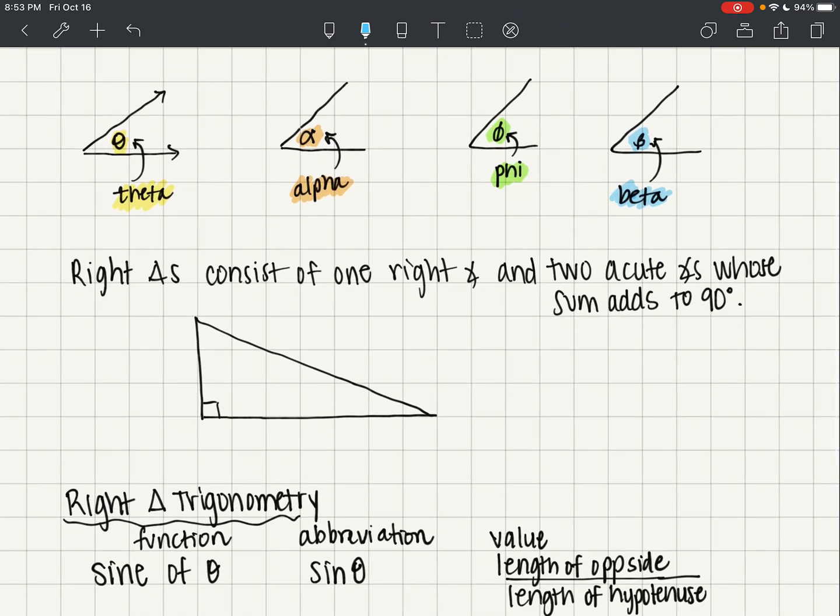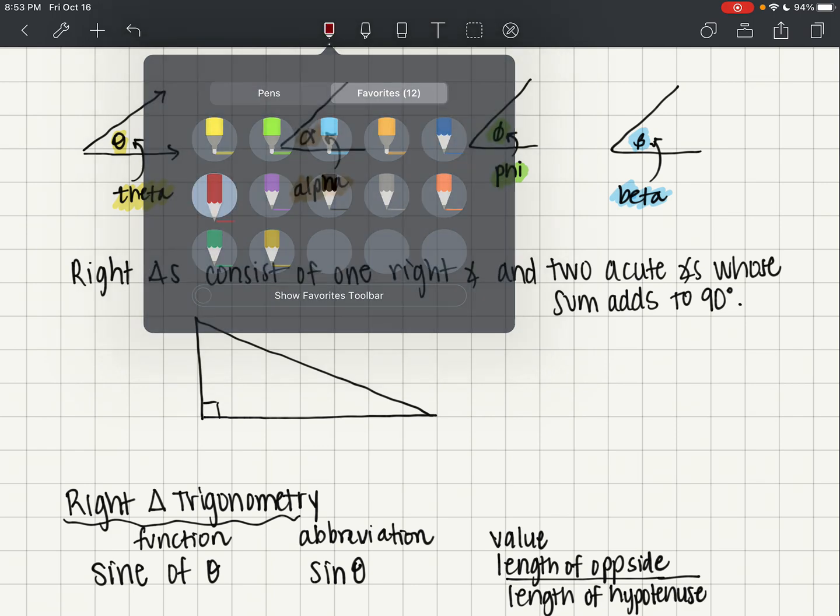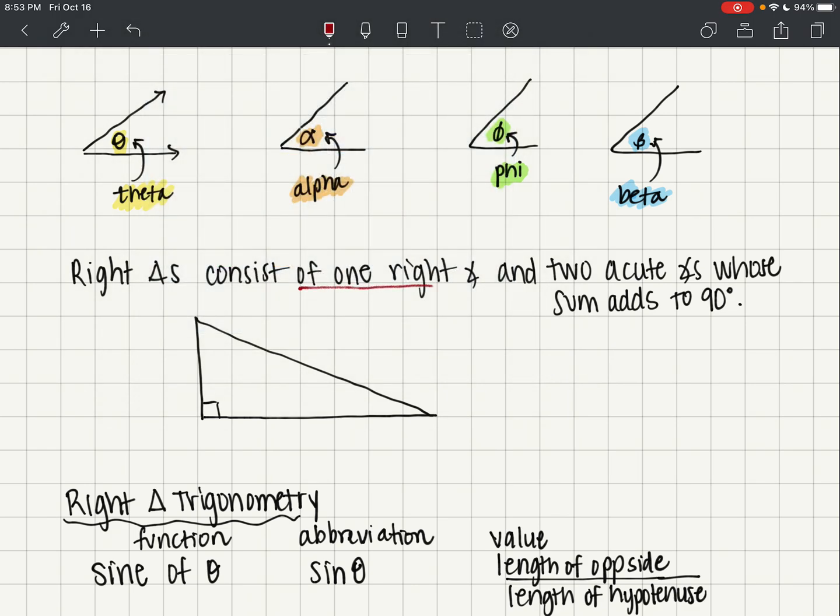Now, right angles are what we're going to work with right here. We're going to talk about right triangles. So a right triangle is a triangle that has exactly one right angle, and then the other two angles are acute angles.